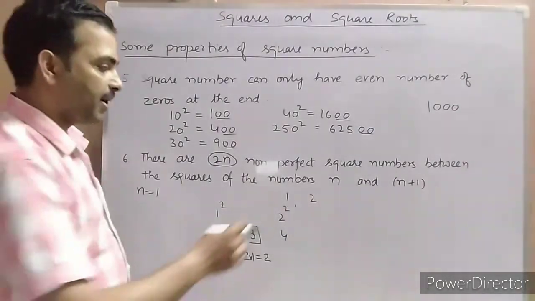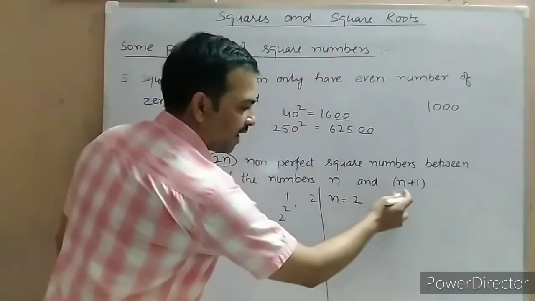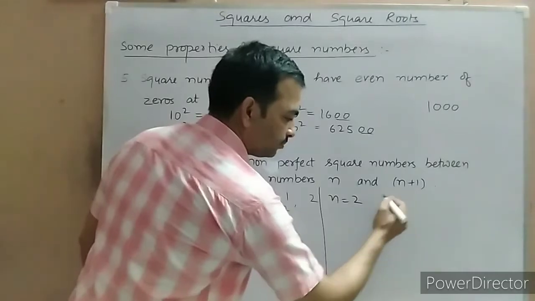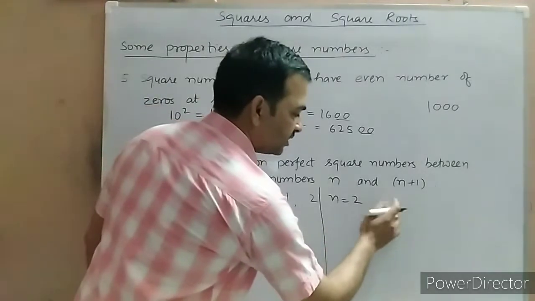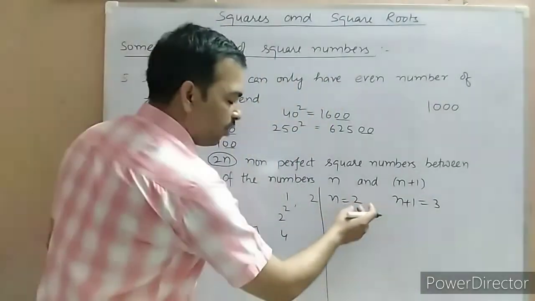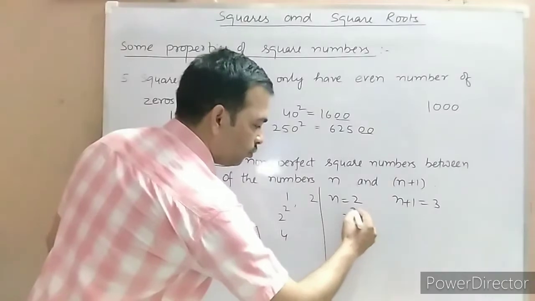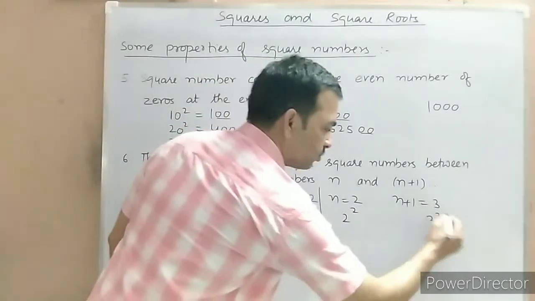Another example: if I take n equal to 2, then n plus 1 is 3. How many non-perfect square numbers lie between 2 square and 3 square?